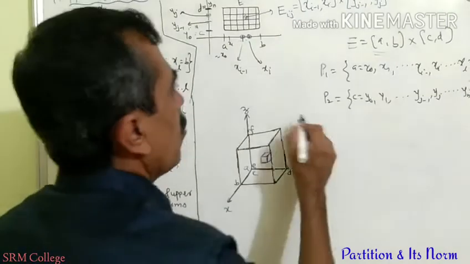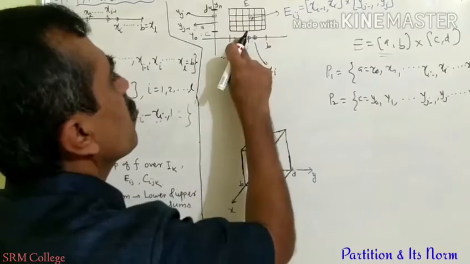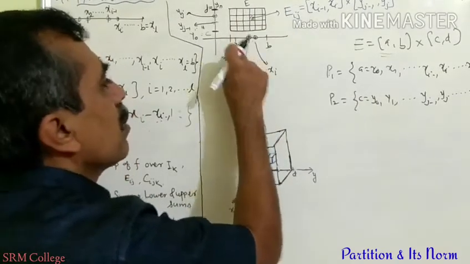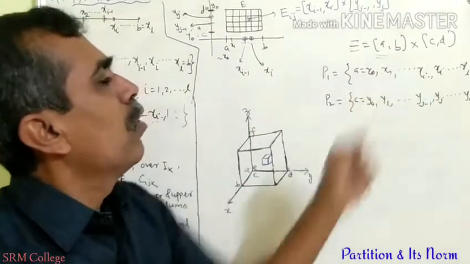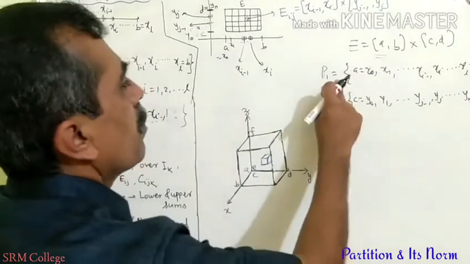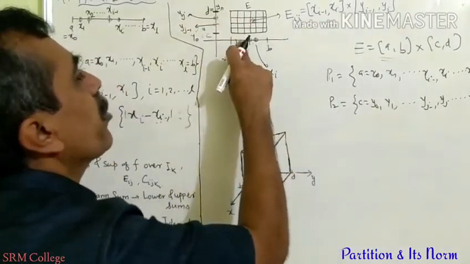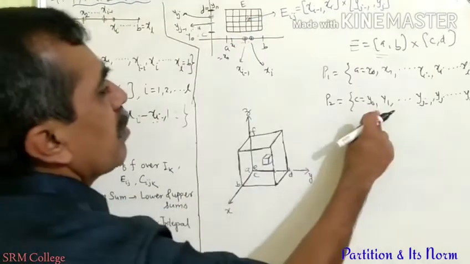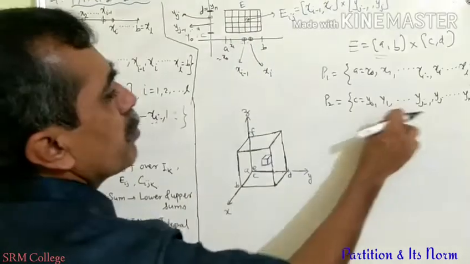Draw lines parallel to the y-axis which pass through the points of AB, that is, the points which lie between A and B from partition P1. Similarly, draw lines parallel to the x-axis passing through the points of P2.